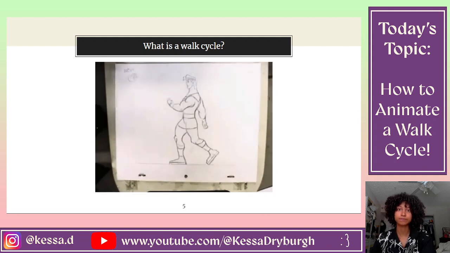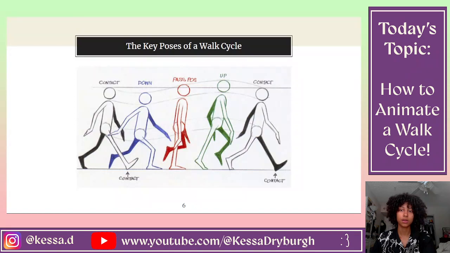Stuff like that. So, while a walk cycle may seem complicated, it can actually be broken down into 5 key poses. And these key poses are the contact pose, the down pose, the passing position, the up pose, and the second contact pose.